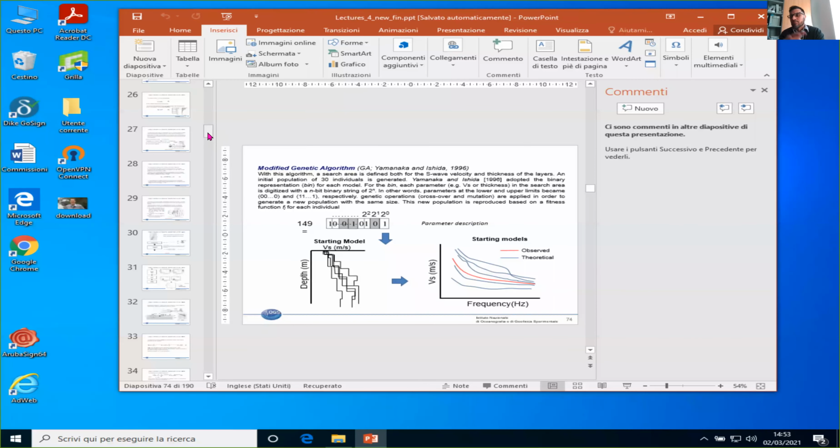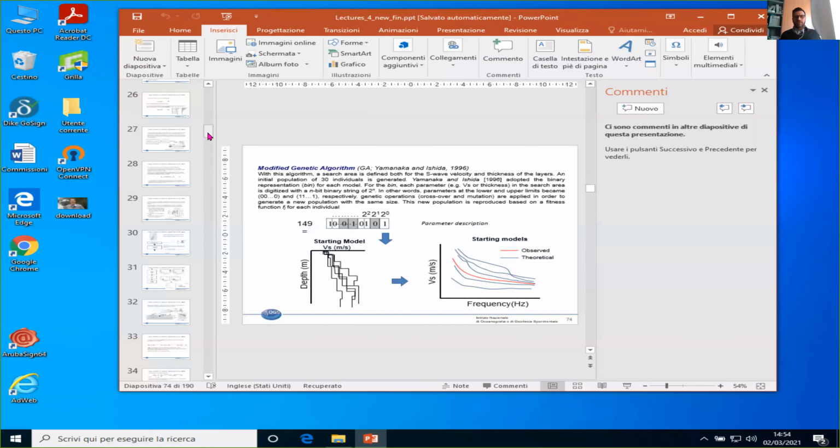So again, I was simplifying here. But if you have information on different modes, of course, you can also find a model that fits the different modes. The problem can be in cases where the distinction between the modes is not clear, like if the energy of the different modes is coming at similar times, so you cannot separate them. This is a very typical case when you have an inversion of velocity.